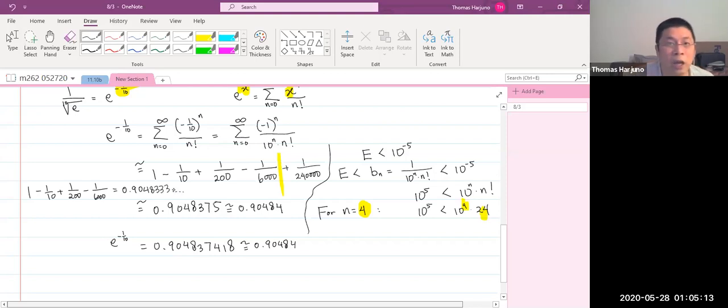So you see the error is on the 5th decimal place. To be more precise, it starts to be different at the 6th decimal place. So it's really nice that to be accurate to 5 decimal places, you just need 4 terms, from n equals 0 to n equals 3.